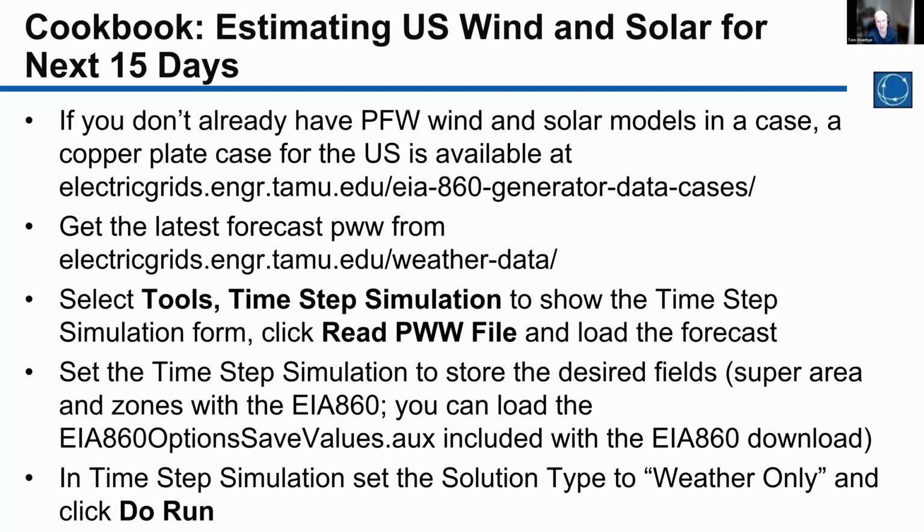This uses PFW models set up for your actual power grid case, and I should say we've gone through and mapped more than 95% of the capacity in the EI860 data set to the bus numbers used in the power flow for the West and the East in Texas. And we have this data available, but of course that's CII data, so we don't give it out unless we know who we're giving it to.